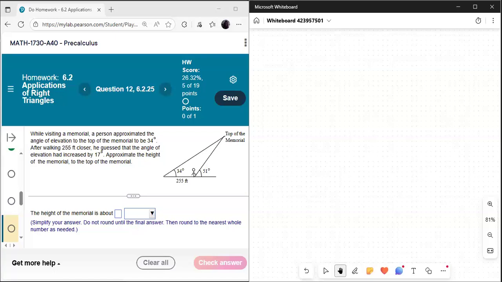So I would definitely sketch this. This is such a very important thing to do for chapter 6. Anytime we're solving triangles, we really need to sketch everything out.